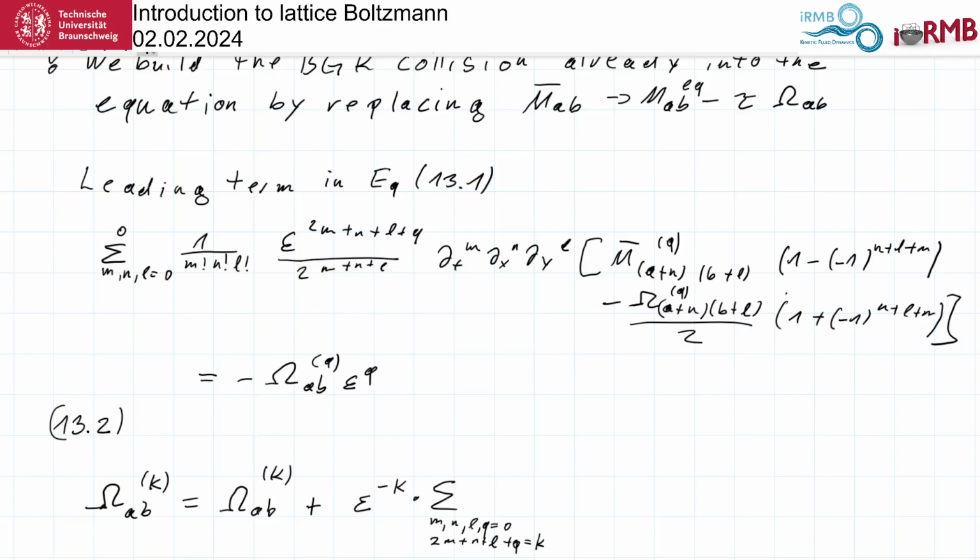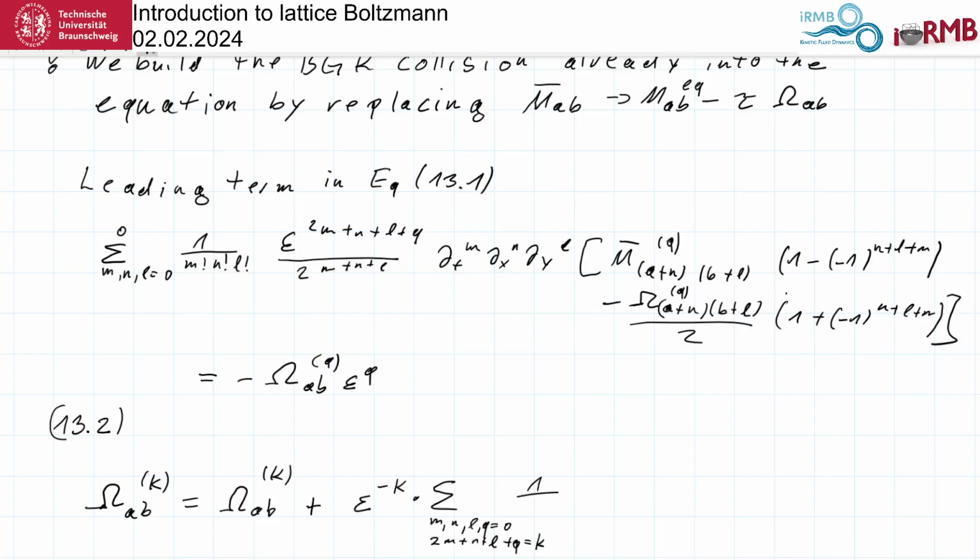Maybe I could write this in a mathematically more accurate way, but the idea here is that we count over all m, n, l, q starting from 0 with the constraint that 2m plus n plus l plus q is always k. So this is the constraint here.